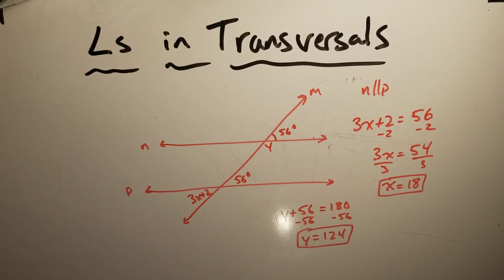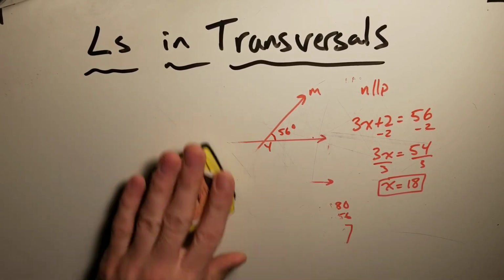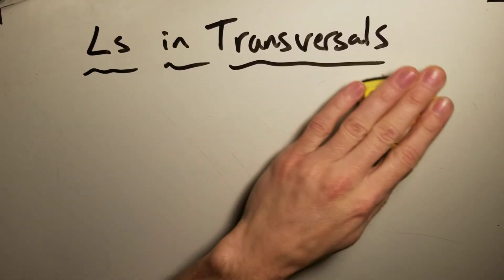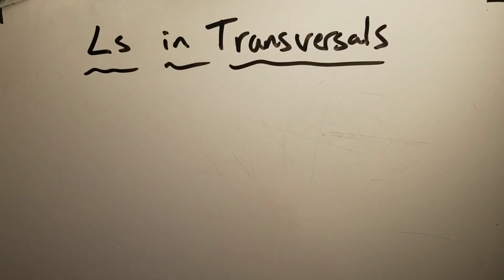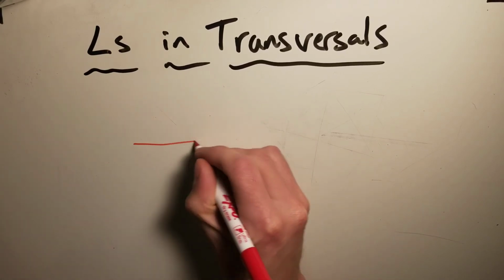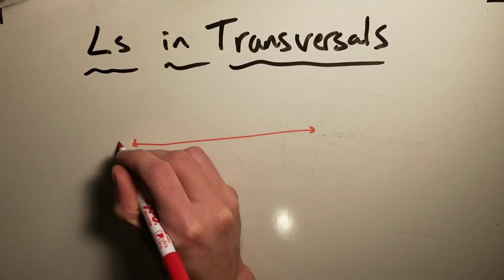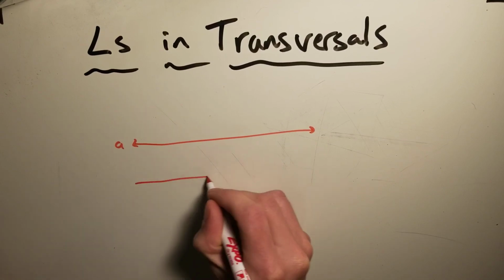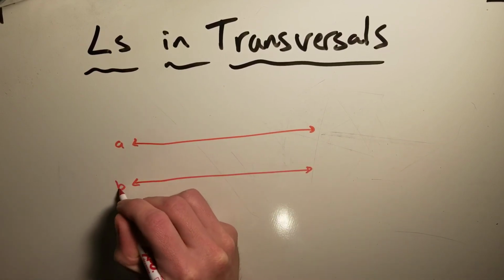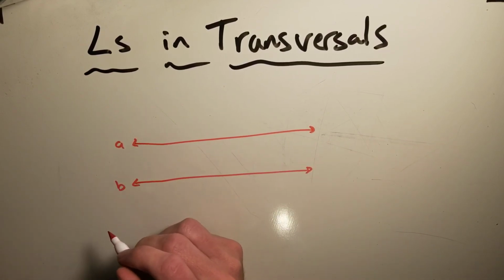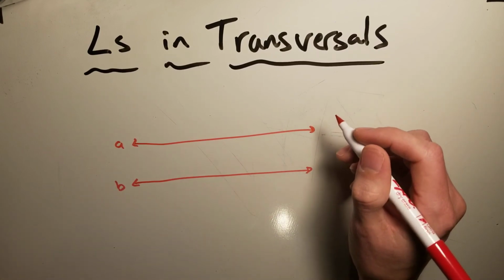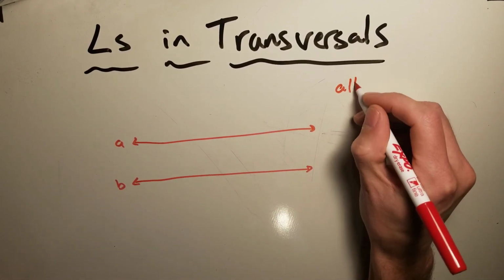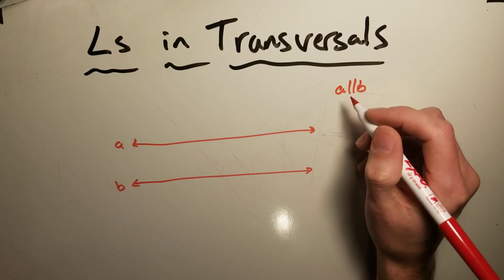All right, on to our last one, and then I'll give you a chance to do some on your own. So our next one, we have these two lines, line A and line B. This one looks a little bit different. We are told that A is parallel to B. It's good to know.